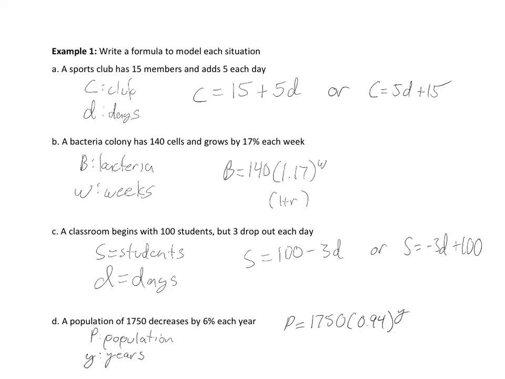Now I knew this was exponential because again we've got a percent. We're changing by some percentage amount. Now if you've forgotten, where did 0.94 come from? That comes from our 1 minus r, right? Our 6% would be 0.06, or 1 minus 0.06. That's where that 0.94 came from.